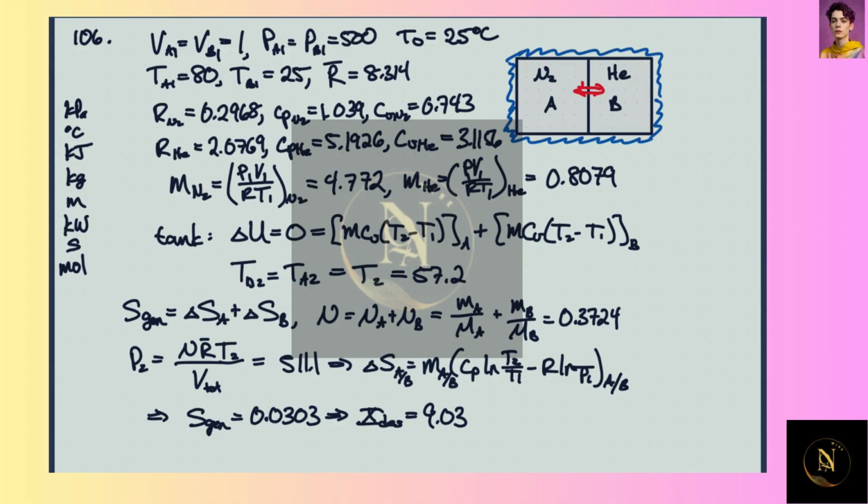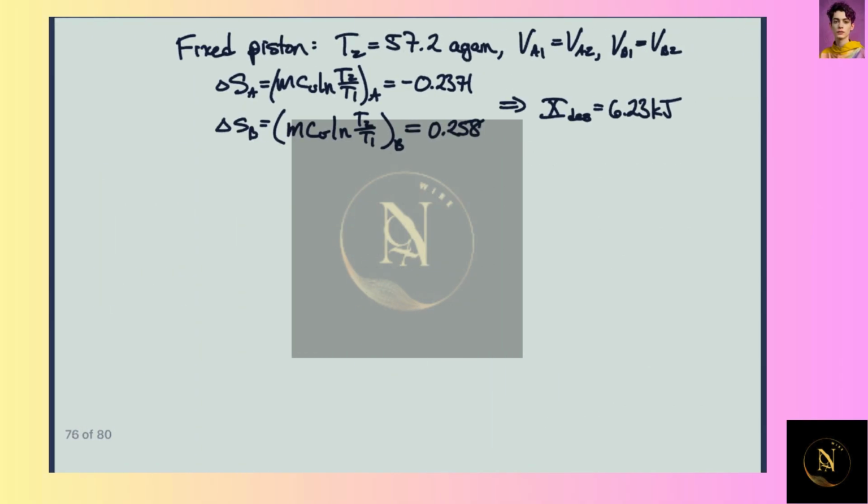But let's see here. I'll just write it again, because we can also write the entropy in this form, Cv ln T2 over T1 minus R times the natural log of V2 over V1.